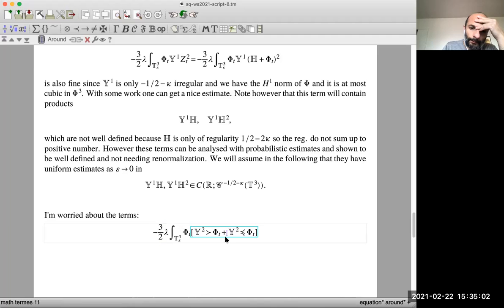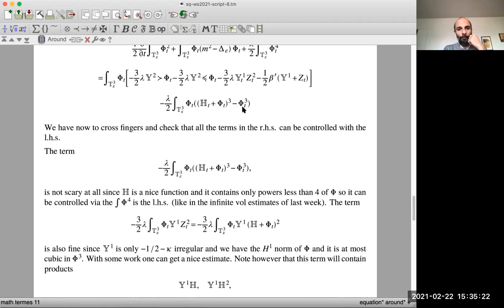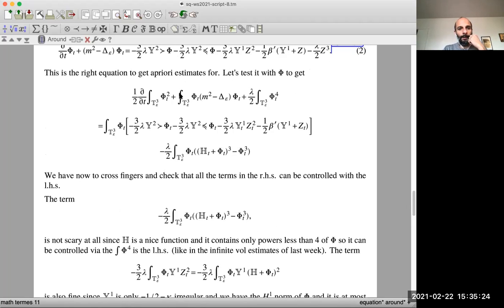And so what we see here: y squared has regularity -1 minus something, so just below -1. And phi, you can hope at most has regularity H1, because the only good term you have is the Laplacian here, so this gives you the H1 norm when you integrate by parts.